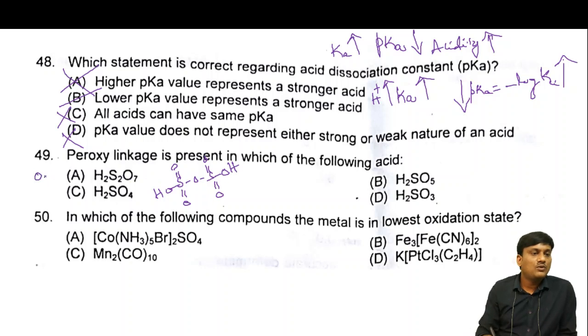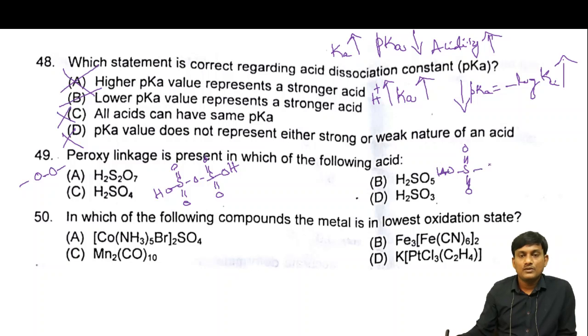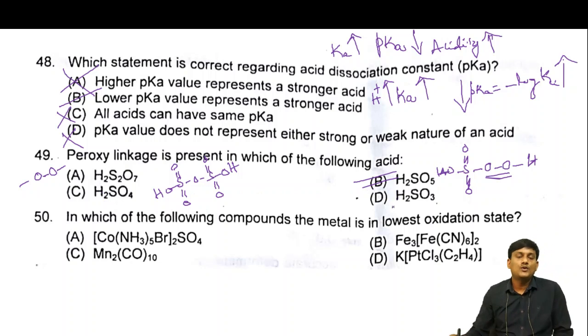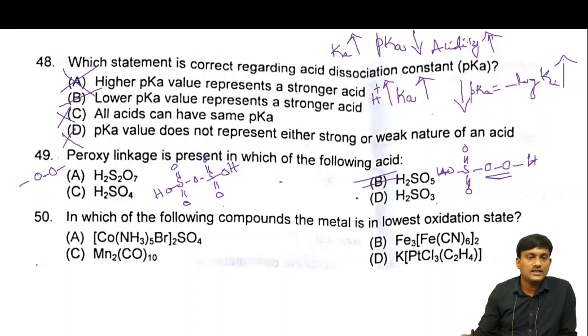Peroxy means an O-O bond. H2SO5 has a peroxy linkage. So B is the correct option. H2SO4 also has no peroxy linkage. H2SO3, no peroxy linkage. B is the correct option.